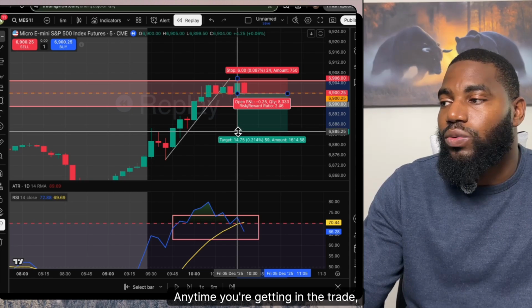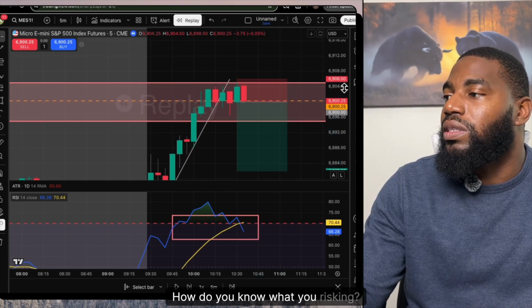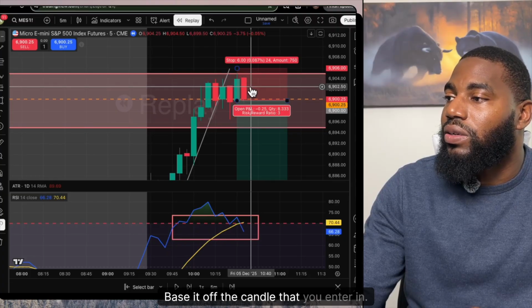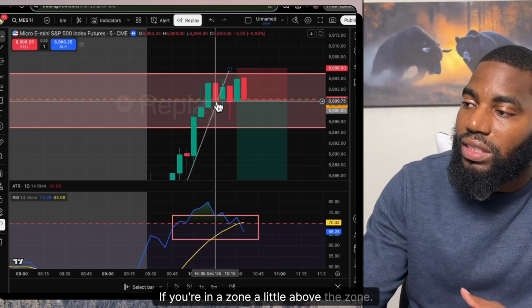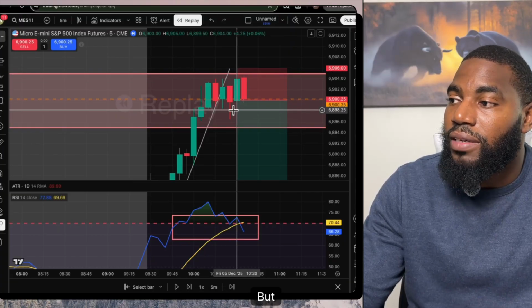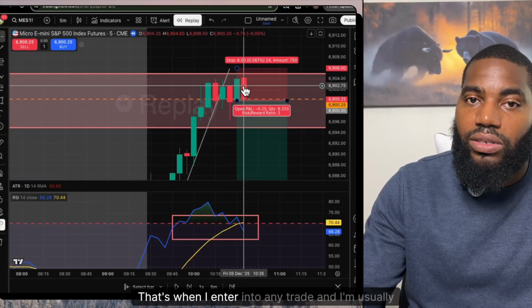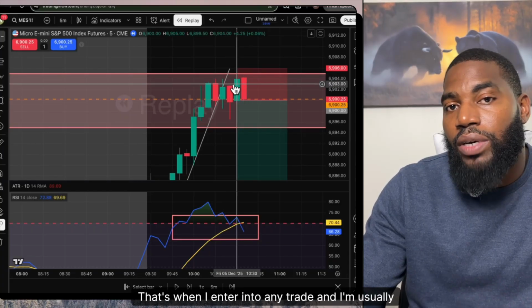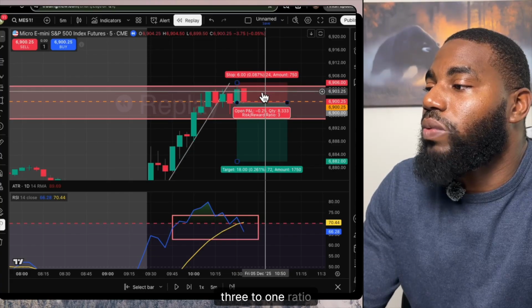Anytime you're getting in a trade, you want to go for at least 3 times what you risk. How do you know what you risk? Base it off the candle that you enter in. That's the safest move. If you're in a zone and a little above the zone, and you want to go for this full zone, that's going to be a big risk. But look for these 3 things to happen. That's when I enter any trade, and I'm usually putting my stop above the candle that I entered in. 3-to-1 ratio.